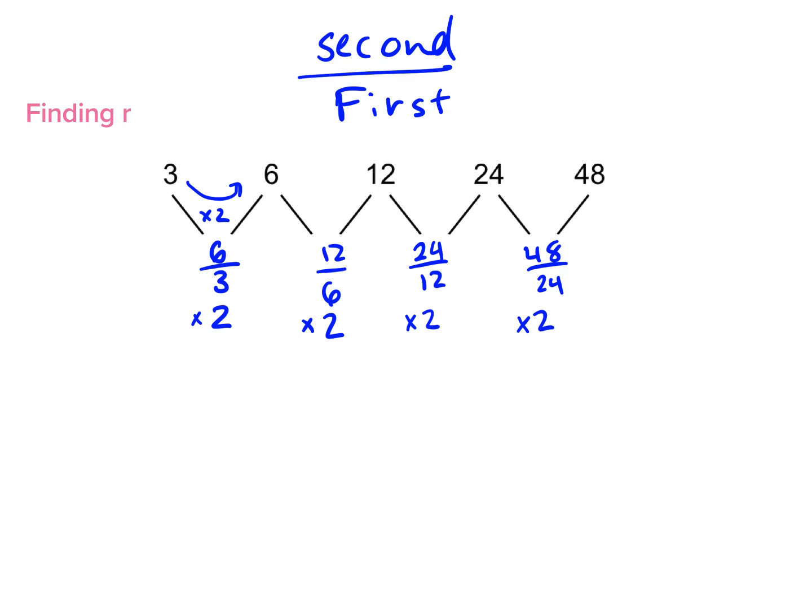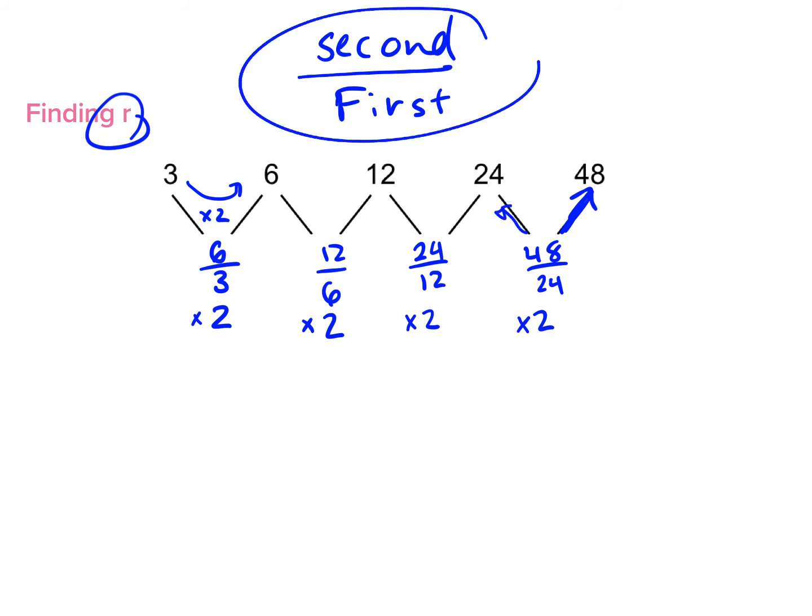That's just how we find R: always take one term and divide it by the one before.